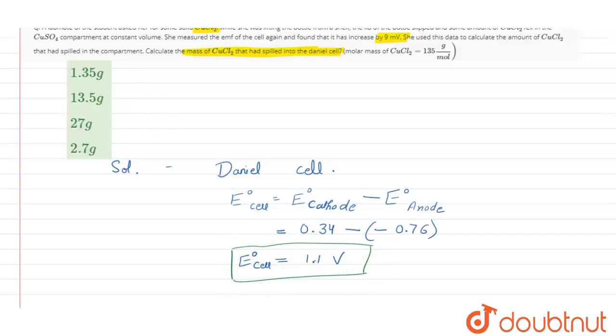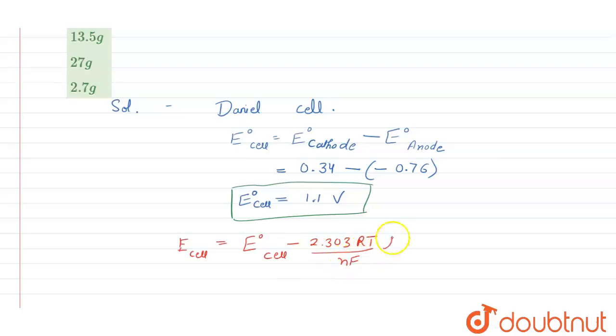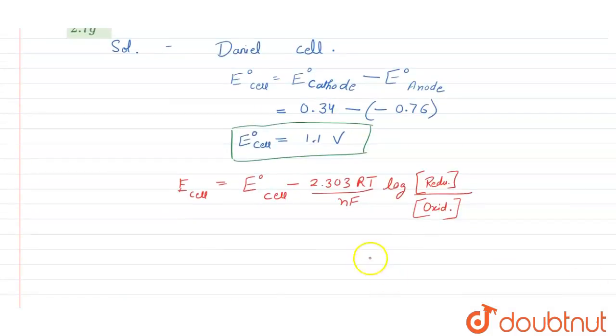Now let's put it in the Nernst equation. What is the Nernst equation? Let's write it. E, that is EMF of the cell, would be equal to E0 of cell minus 2.303 RT by nF, then log of, for both the half cells, in the numerator we can put the reduced state and in the denominator we can put the oxidized state.